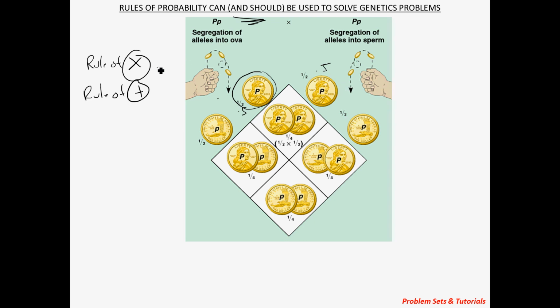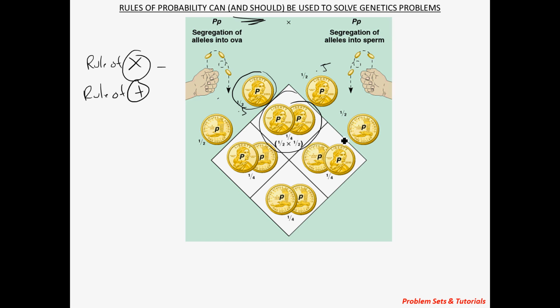Well, that is the rule of multiplication. The probability of this person flipping heads is 0.5, and this one 0.5. You multiply those together, 0.5 times 0.5, and you get 0.25, or 1/2 times 1/2 is 1/4. And so one out of those four boxes there is head, head.